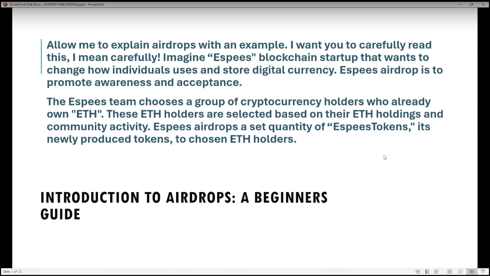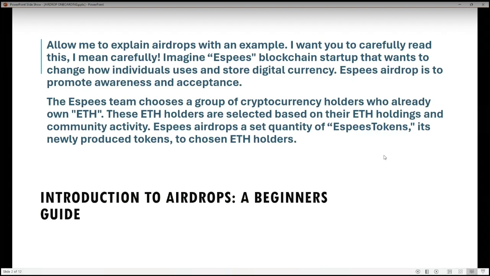Okay, let me explain what I put down there. Now, SPs is a new token. Now, they want to create awareness. They want to promote their product. Now, the only way to promote their product, they will look out. Okay, they decided that they want to give out a token to only people that are holding Ethereum.